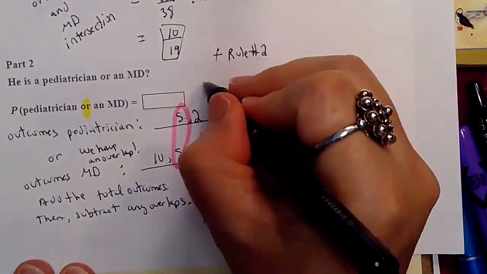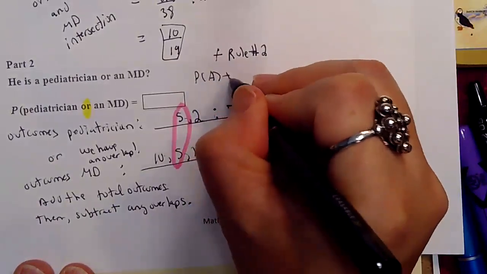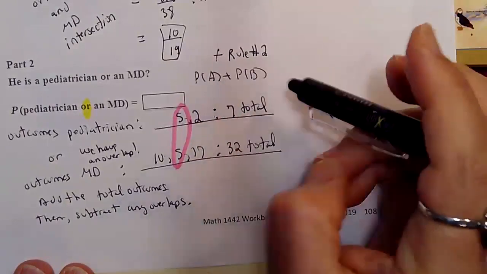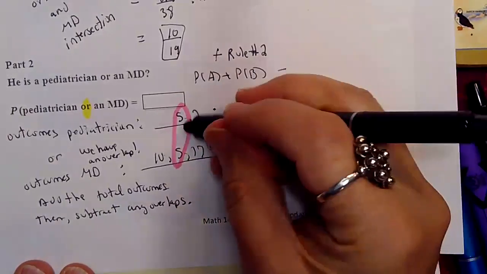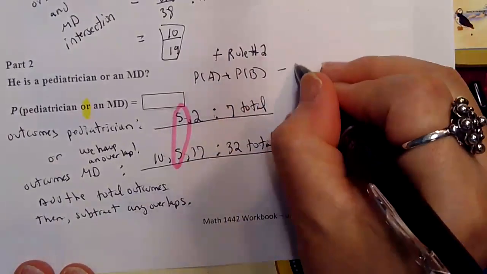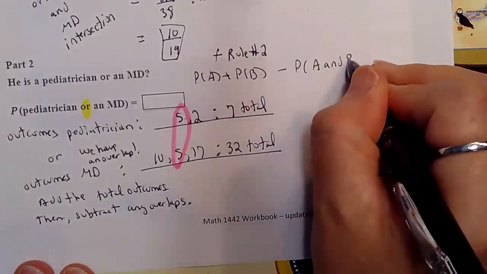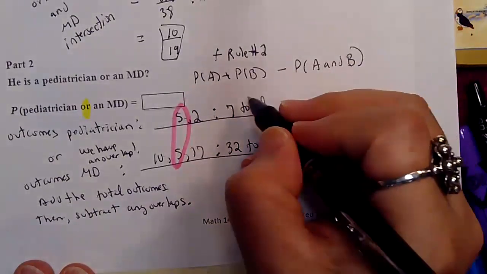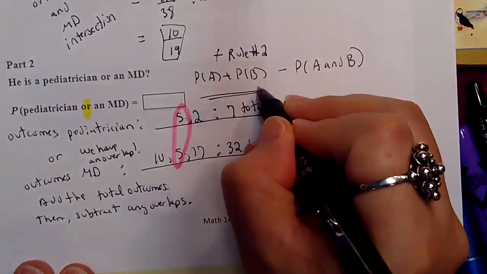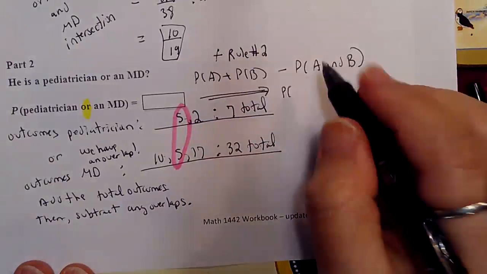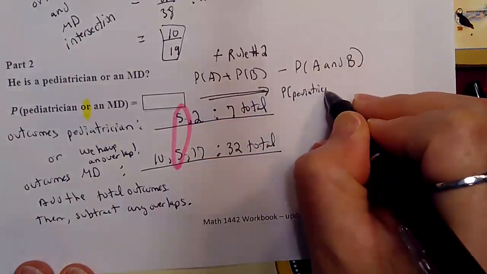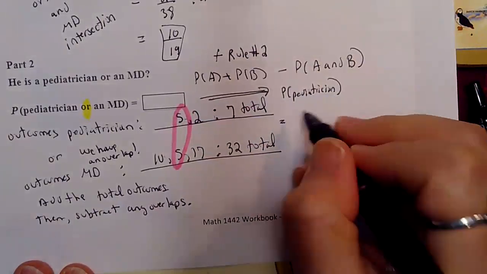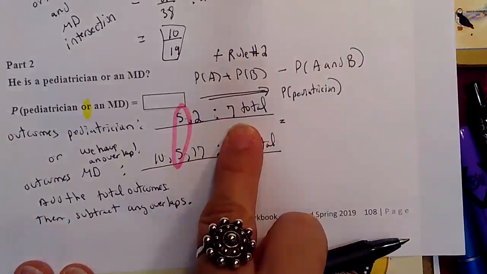So this is equal to probability of A plus probability of B, and then you're going to subtract any overlaps, probability of A and B. Okay, so we have probability of the pediatrician, and the probability of the pediatrician is 7 over the total, remember, which was 38.